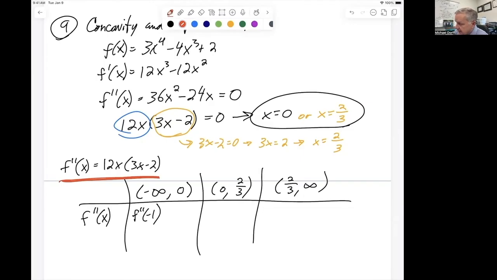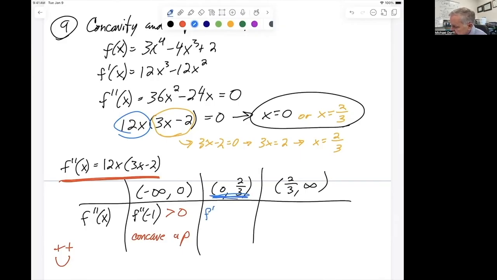Inside the parentheses, I have -3 minus 2, which is -5. So a negative times a negative is a positive. And when I have positives, that's concave up. Then I take one in the second interval, 0 to 2/3.